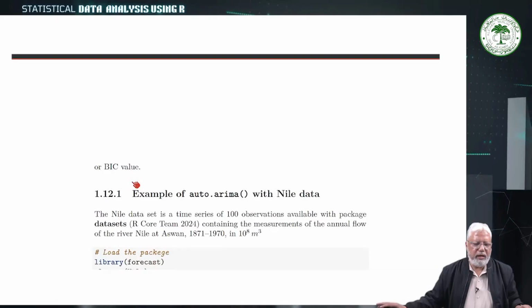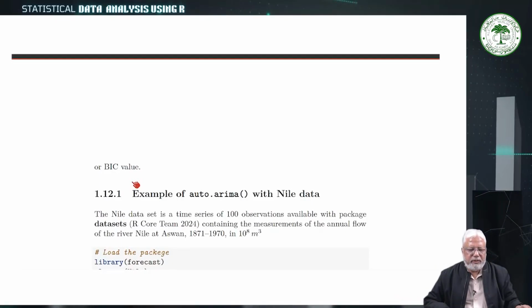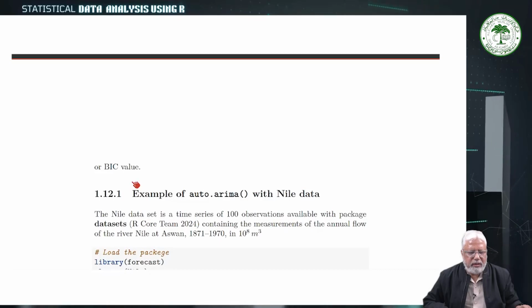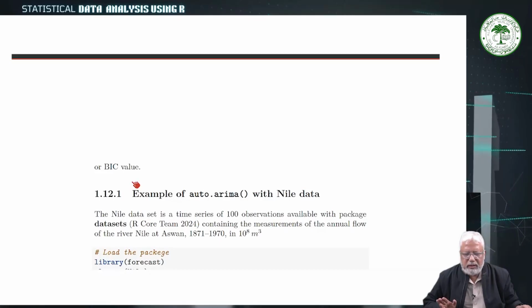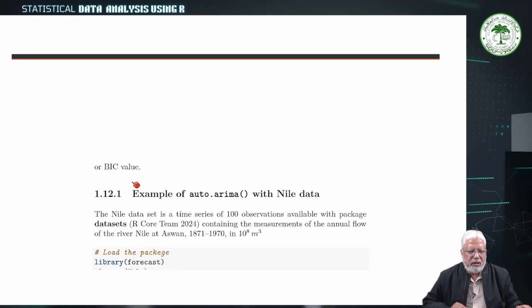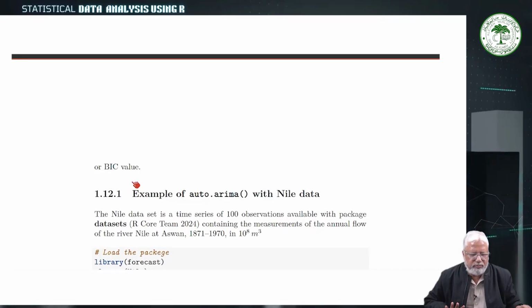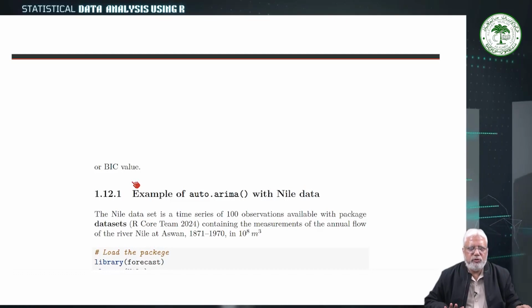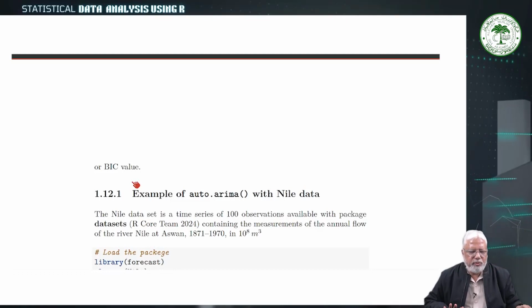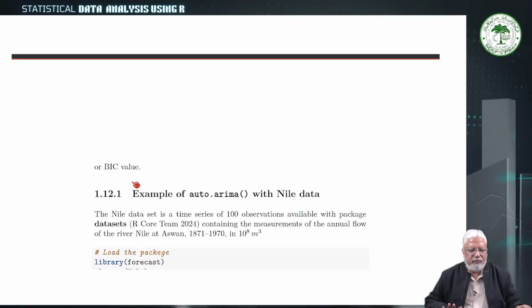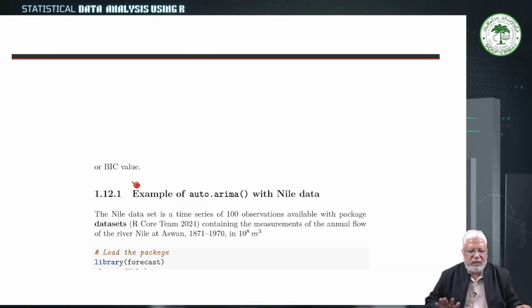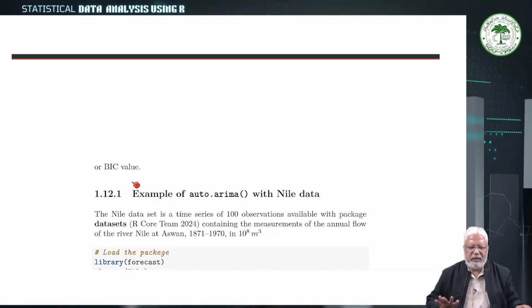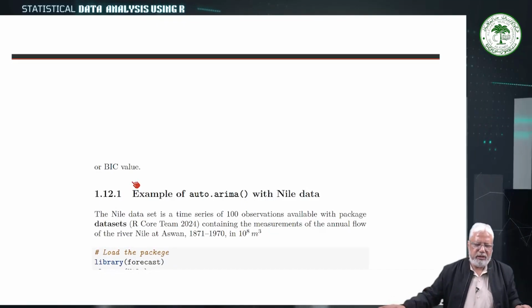What auto.arima actually does is it makes the data stationary, it goes for differencing. Then it chooses the order of the model also: what should be the order of AR, and what should be the order of MA. All these things are done in auto.arima, and that's why auto.arima is very popular.